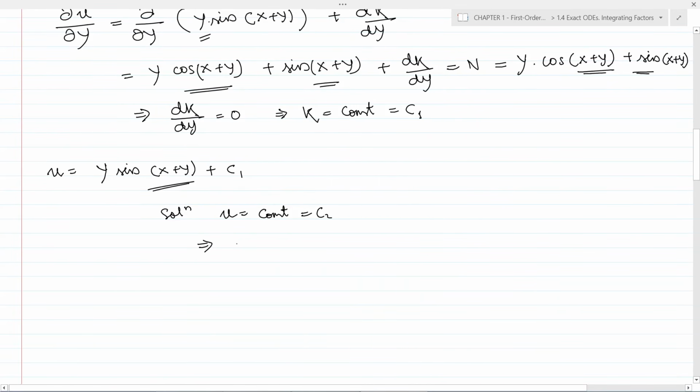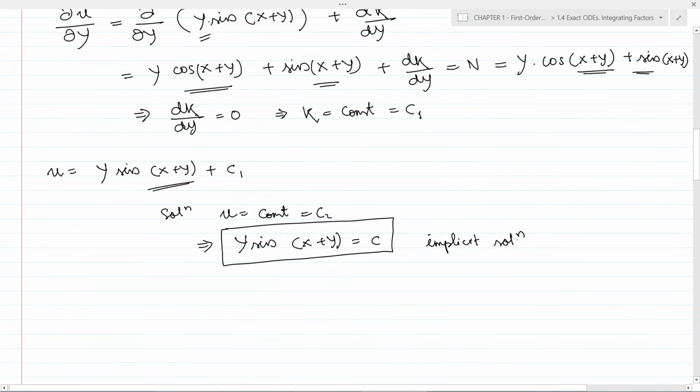So, by algebraic manipulation we can write y sin(x+y) equal to constant, and this is the solution of the ODE given in the question, and this is the implicit form of the solution. You can see that it is impossible to find the explicit form of the solution from this equation, because we cannot express this as y equal to f(x).